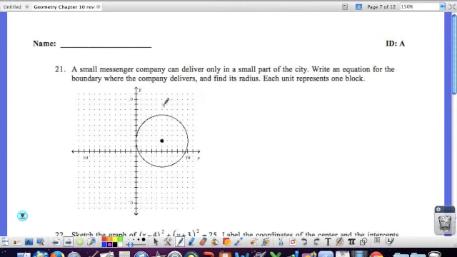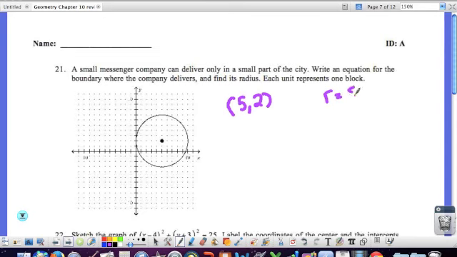For number 22, a small messenger company can deliver only in a small part of the city. Write an equation for the boundary where the company delivers and find its radius. This is a little weird, but basically they're centered at a circle that overlays on a map at 5, 2.